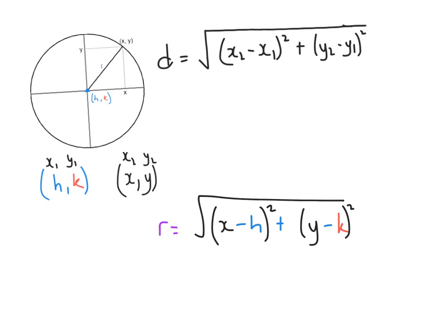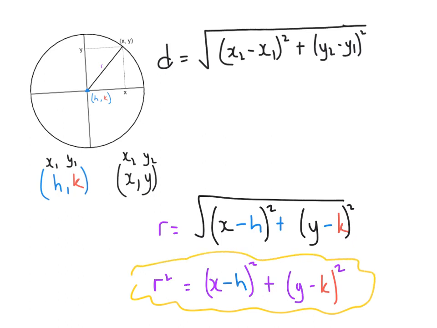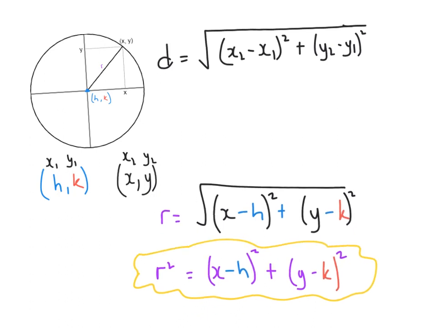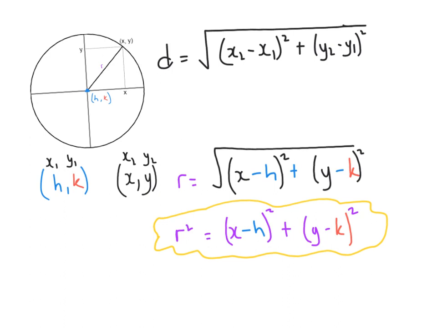So if we square both sides to get rid of our square root sign, we get r squared is equal to x minus h, all squared, plus y minus k, all squared. And so that formula there is our equation of a circle formula. That's the very basic formula we have for finding the equation of a circle.